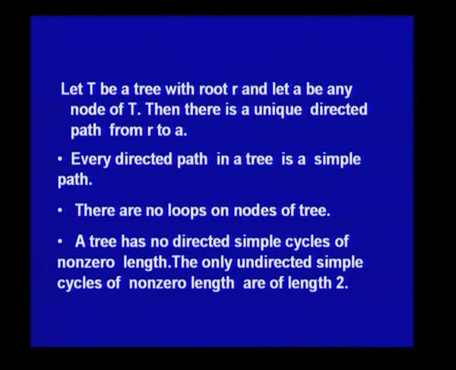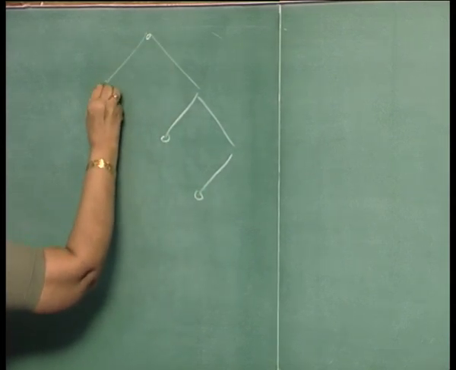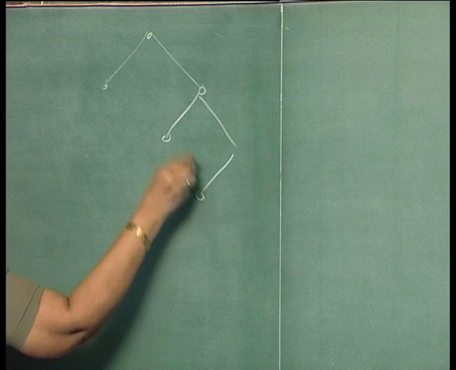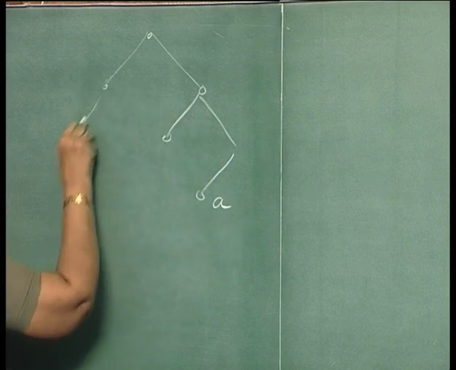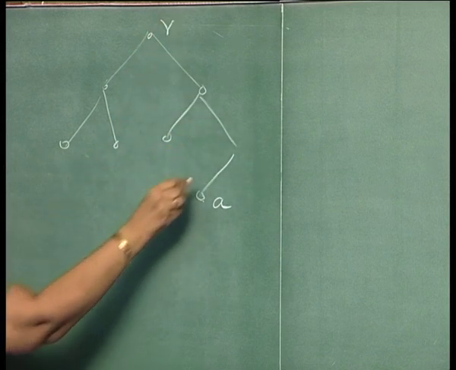Now, let us consider this. Let T be a tree with root R and A be any node of the tree. Then there is a unique directed path from R to A. You have a tree T, something like this. Then by definition there is a path to A from the root, but we want to show that it is unique.